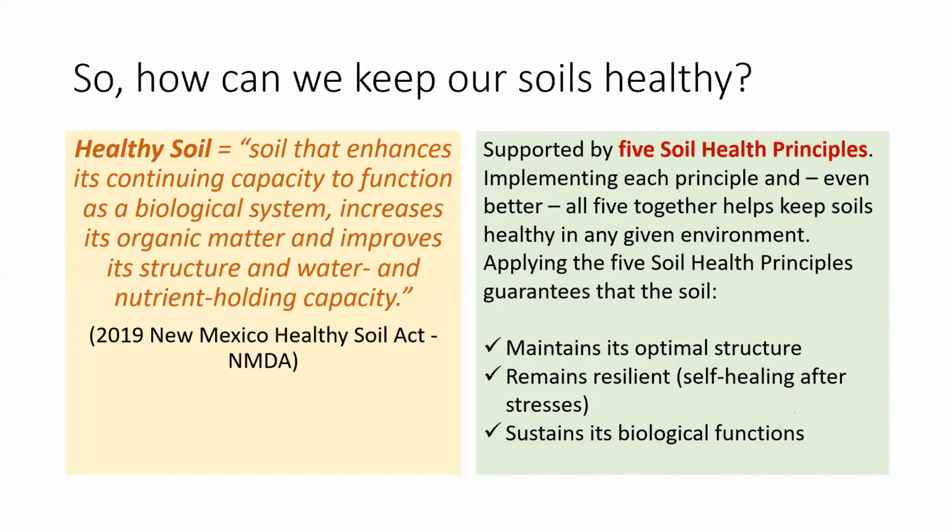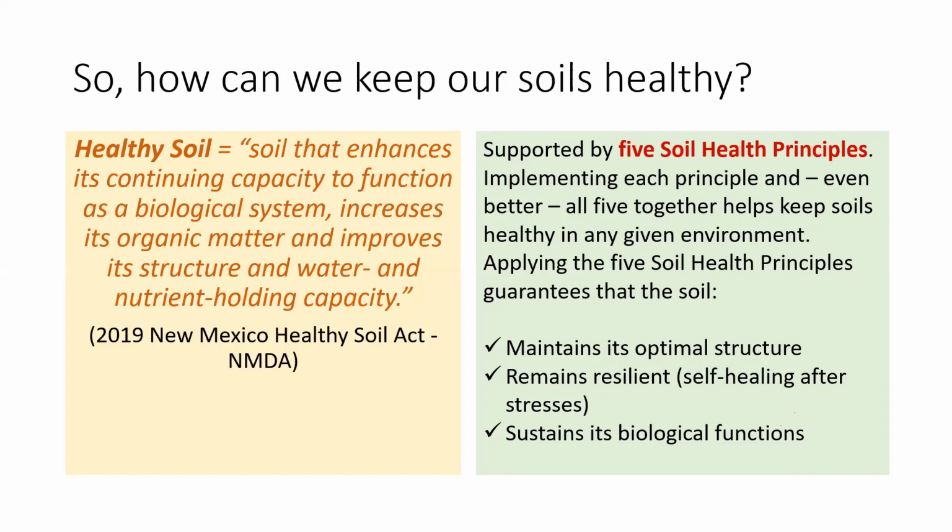And by implementing each principle, and even better, keeping all those 5 principles together, it helps keep the soil healthy in any given environment. So applying those 5 soil health principles guarantees that the soil maintains optimal structure, remains resilient, meaning self-healing after stressors, and sustains its biological functions.